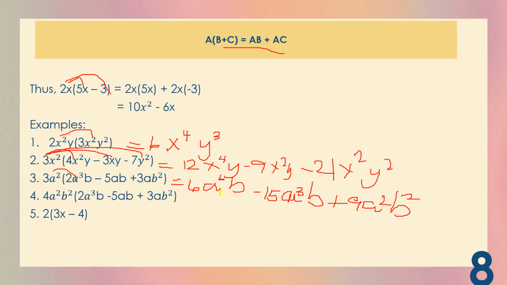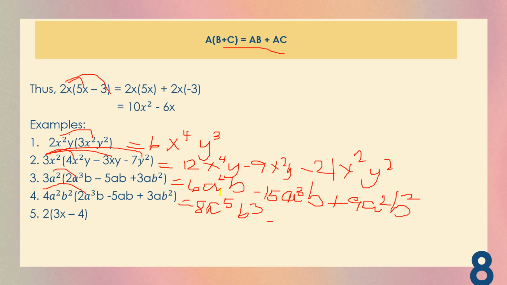Okay, I think number 4, just do it on your own. It's easy. Or okay, let's do it anyway. We have 4 times 2 is equal to 8. Then we have 2 plus 3, so a to the fifth. And 2 plus 1, that's b cubed.